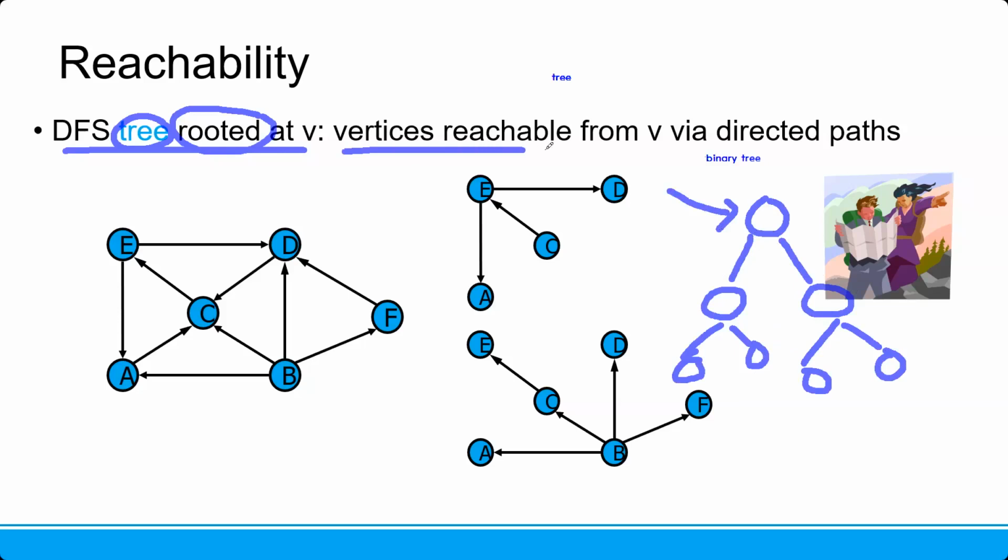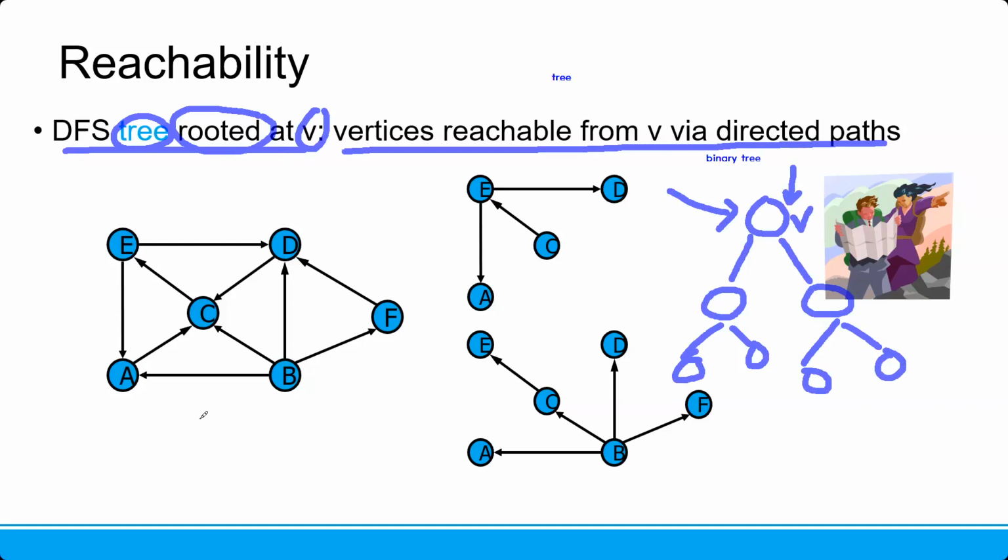So for this, it is reachable from V via a directed path. We need to find if V is the starting point, then there should be a tree, something like this one, starting from this root, going to another node.